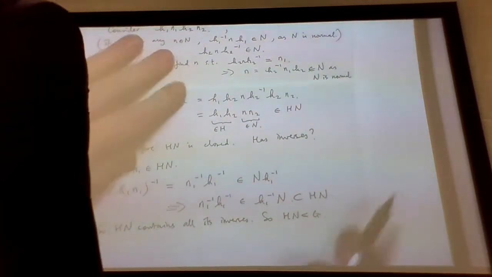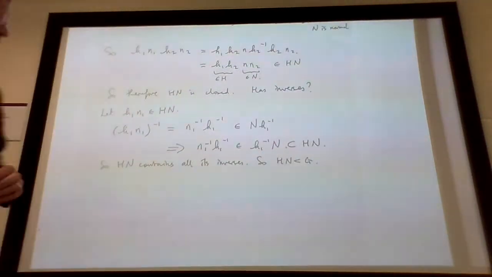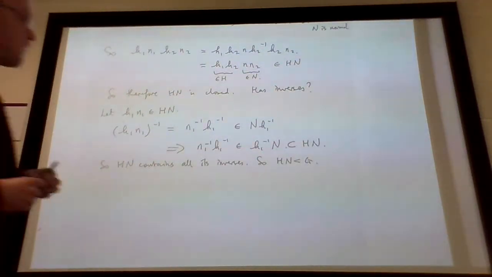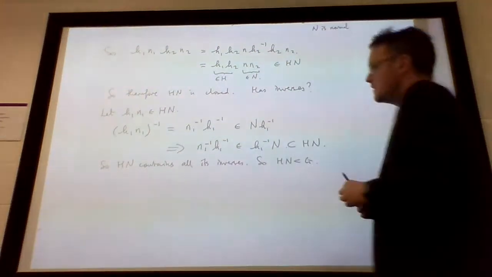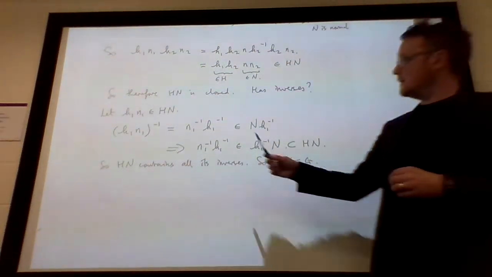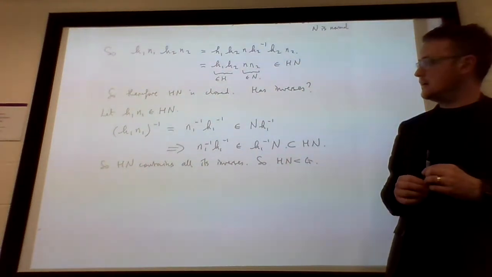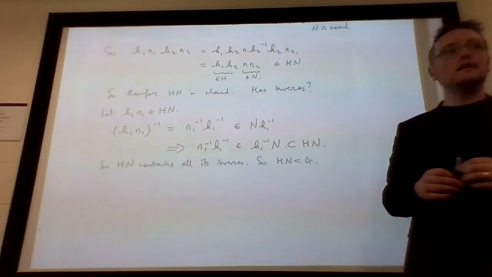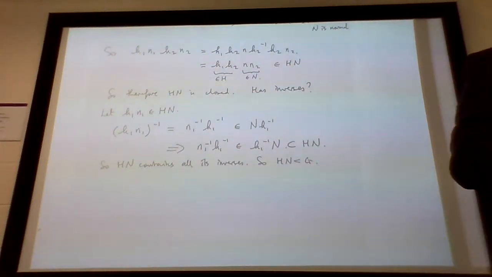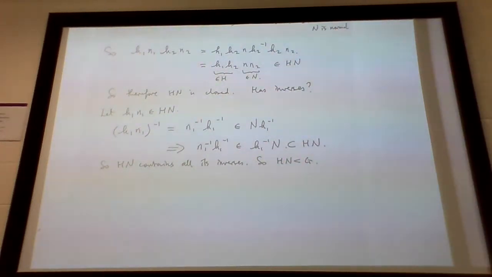Inverse. That last implication is that any inverse of an element N, so all the inverses of all the N's, little N, M1s, form a subset which is definitely in HN as well.